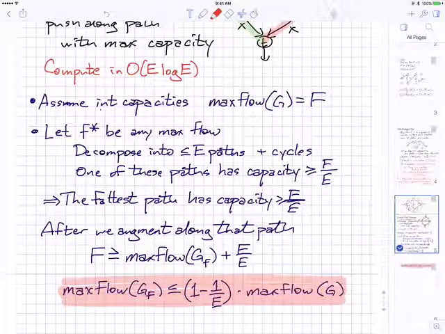Every time I push flow along the fattest path in the graph, I reduce the maximum flow in the remaining residual graph by at least a factor of 1 minus 1 over E. Now that's not a particularly large factor. If I have a graph with 100 edges, that means I have at most 99% of the flow left. If I have a graph with 10,000 edges, I have at most 99.99% of the flow left.